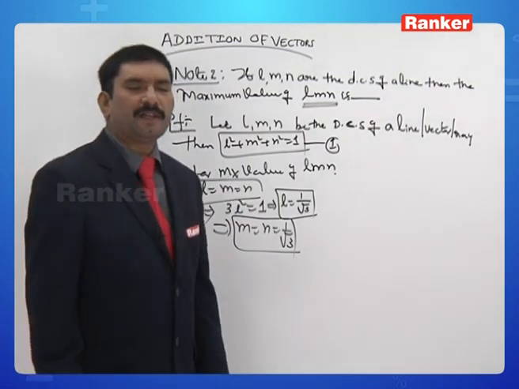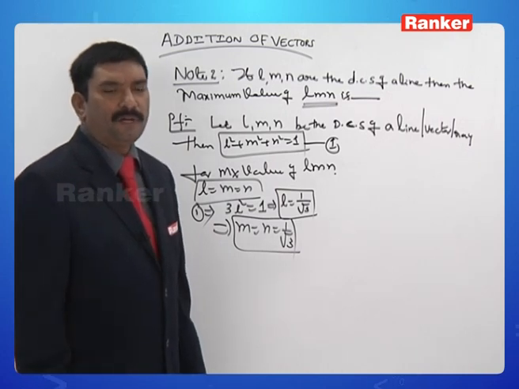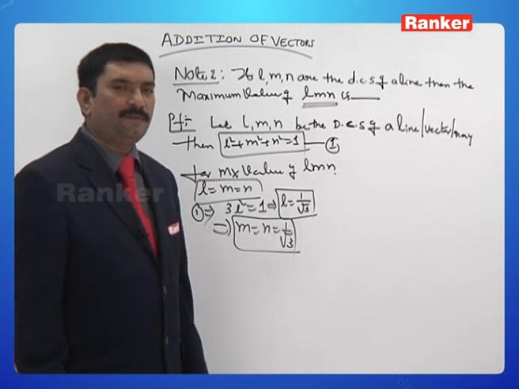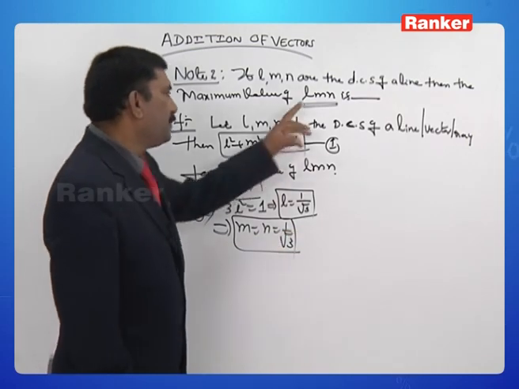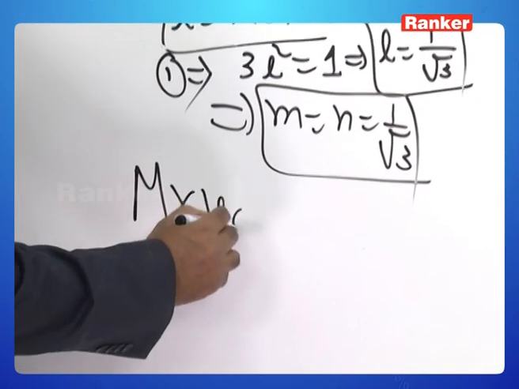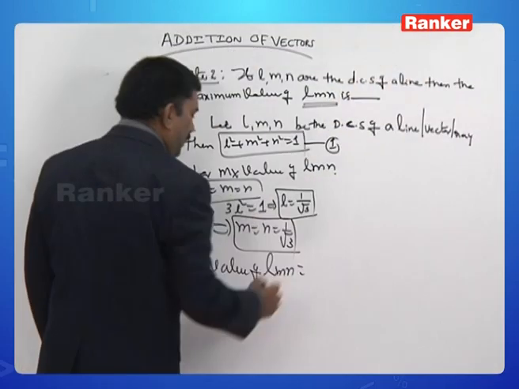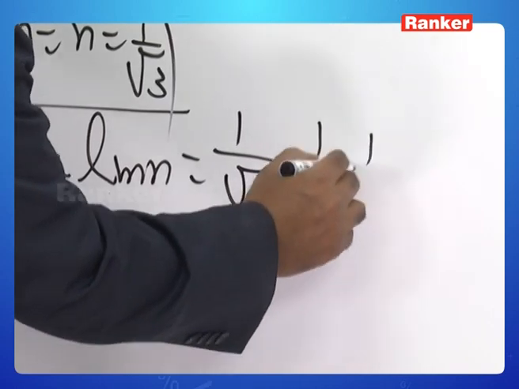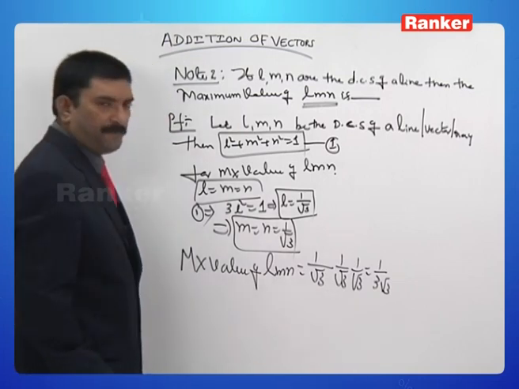We are taking strictly the discussion on the positive direction. With these values, substitute in this product. So the maximum value of LMN is 1 by root 3, 1 by root 3, 1 by root 3. This is 1 by 3 root 3.